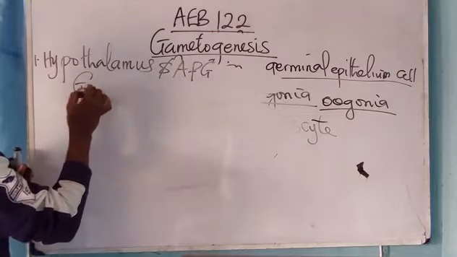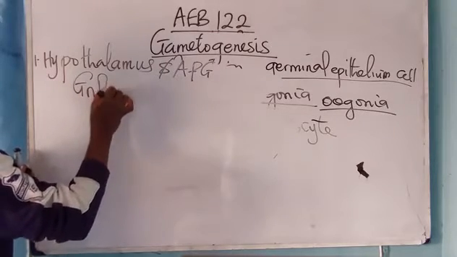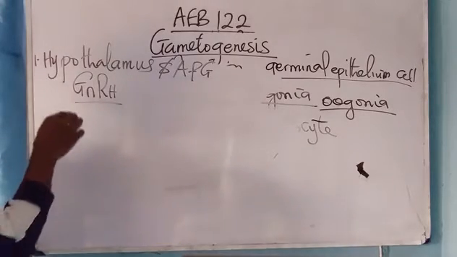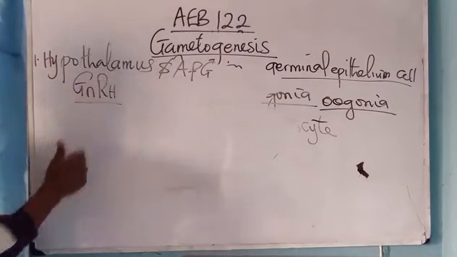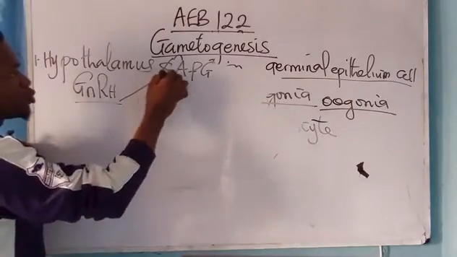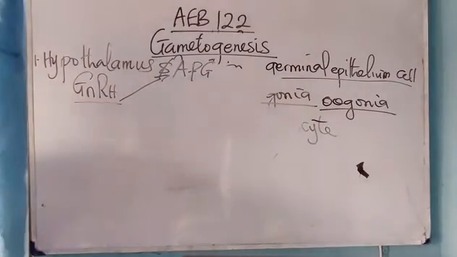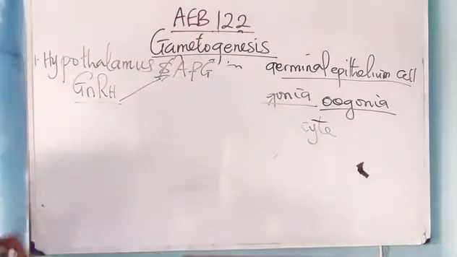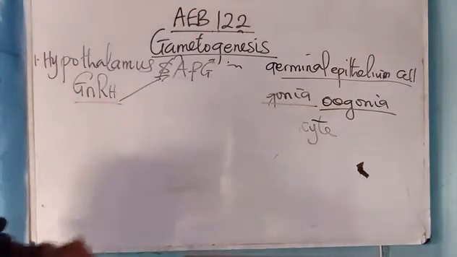Gonadotrophin releasing hormone. Now, this hormone travels to the anterior pituitary gland to produce two hormones, which are the follicle stimulating hormone and the luteinizing hormone.